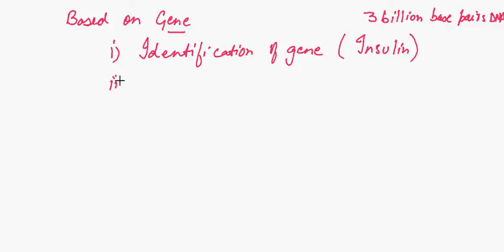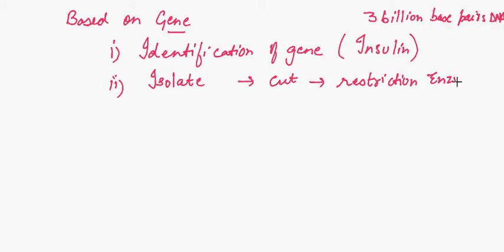Then the second would be to isolate that gene, to separate that gene from that big genome. So that means we have to separate the gene which makes insulin from the human genome. There are different methods. We have to make cuts in the human genome, and there are enzymes called restriction enzymes.